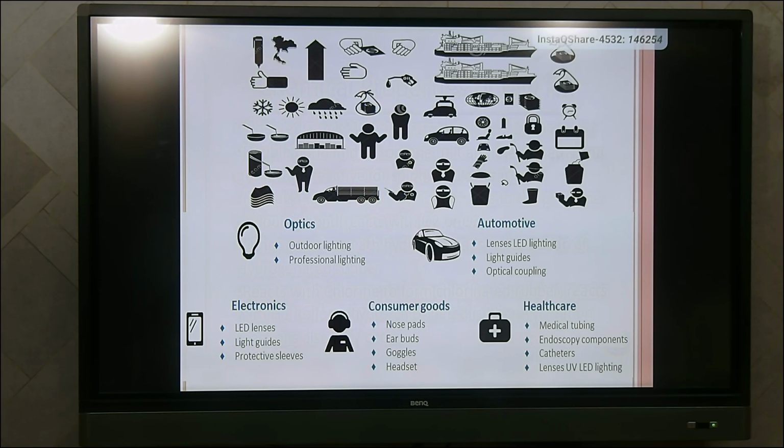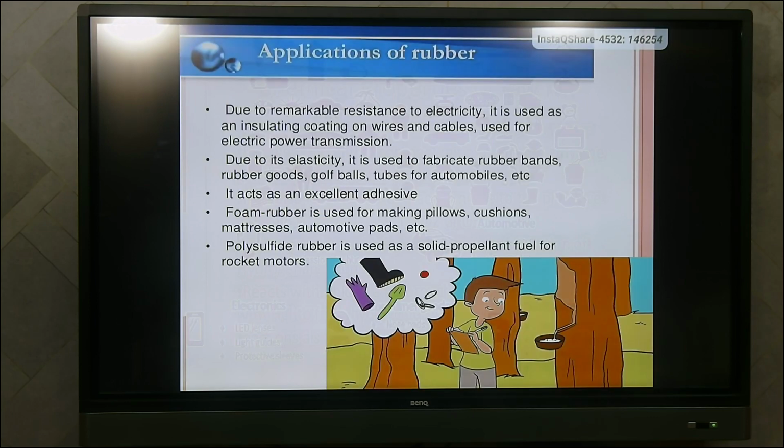Some of the diagrammatic representation of some of the rubbers which is updated applications. Even in the healthcare automotive field, it can be used. Application of rubbers. This is the view for which you can use the rubber.